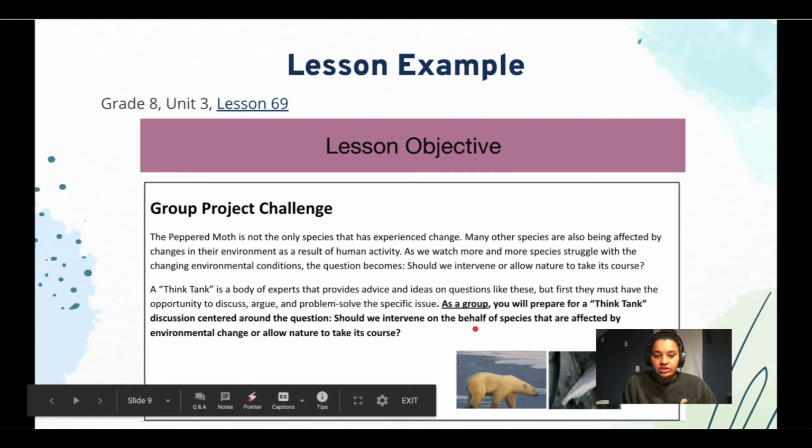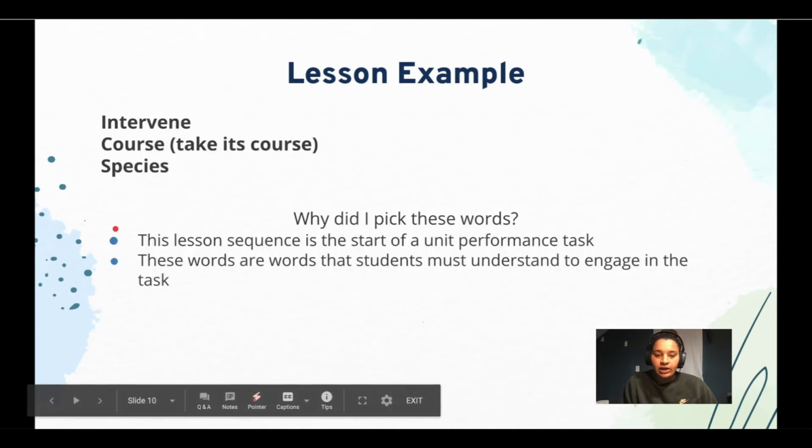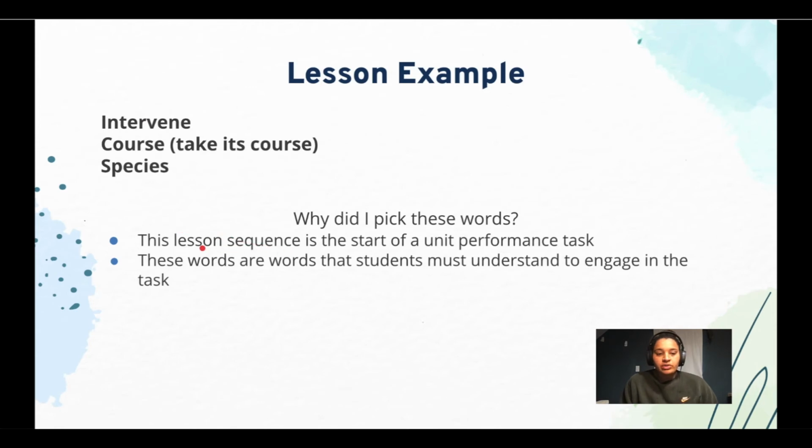So the words that I would select if I were teaching this lesson would be intervene, species, and the idiom nature to take its course. So again, why did I pick these words? This lesson sequence is the start of the unit performance task.